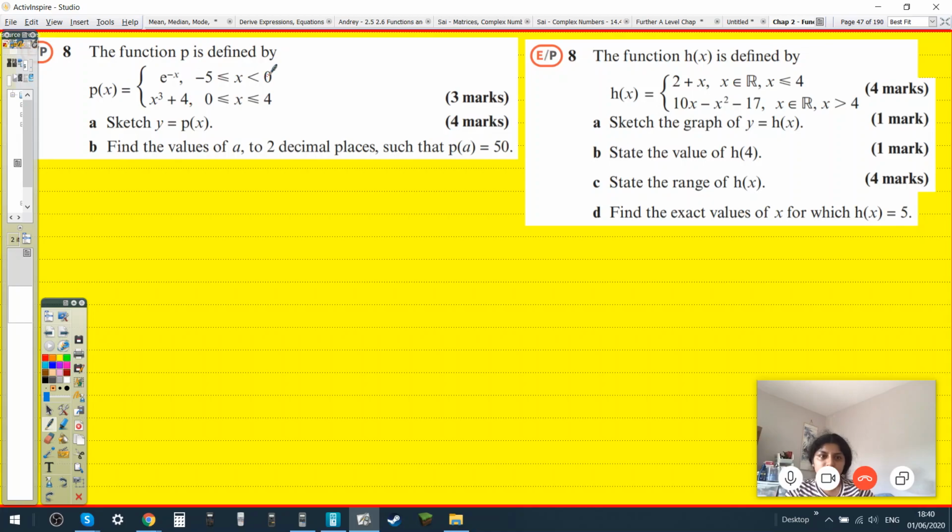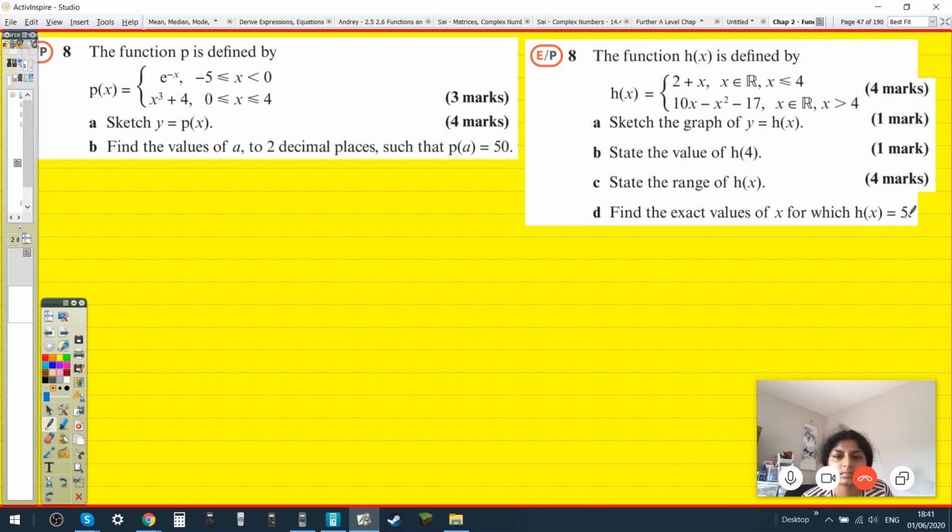This looks very similar. Sketch this and then find the values of a to suppose the p of a is equal to 50. How would you do them? You just solve each one and then check it's within the range of solution. 50, 50, 50. Yep, that's fine. And then this one, h of x, state the range of that one.